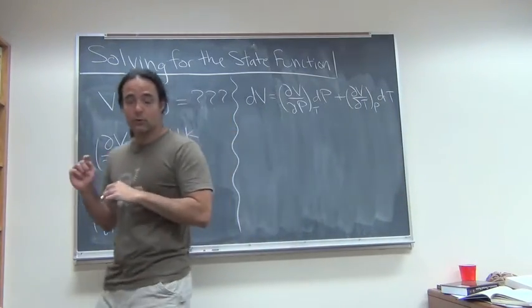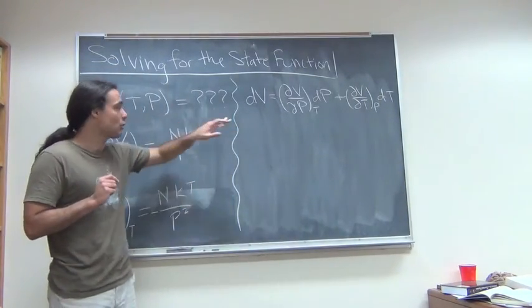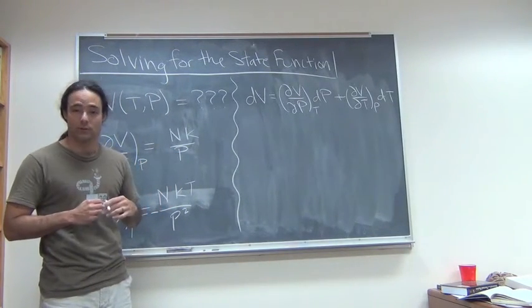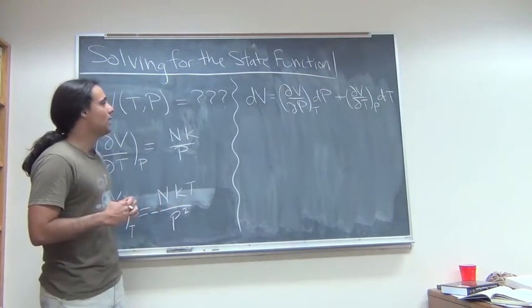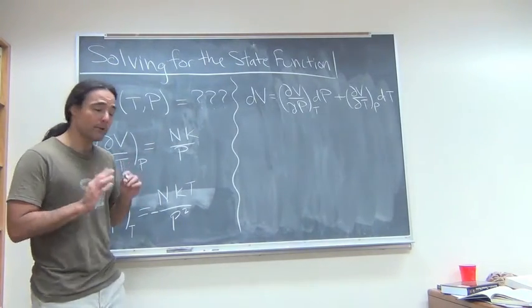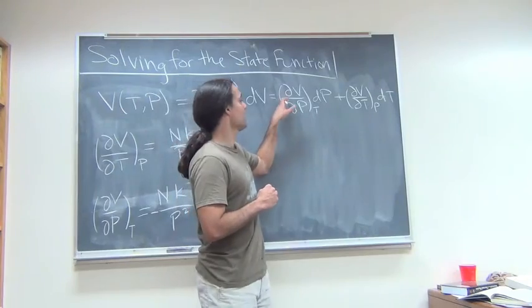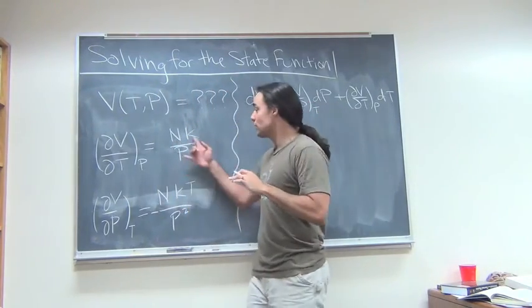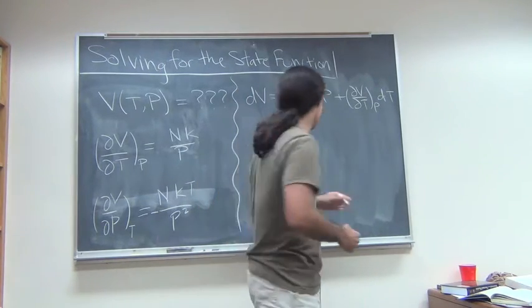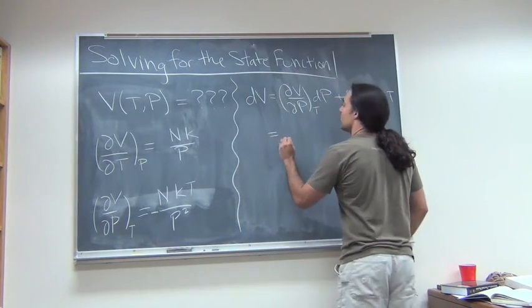Now that must be true. It's mathematically true because V is a state function. I can always write that down for anything that's a state function. I can write it as a function of two variables in this exact differential form. But not only can I write down the partial derivatives, I actually know what they are because people have measured them. So let's see how that affects things here.